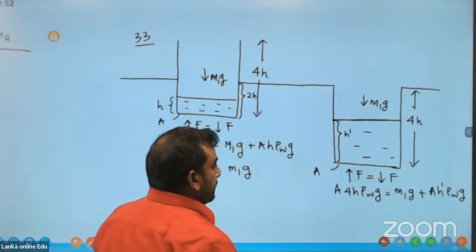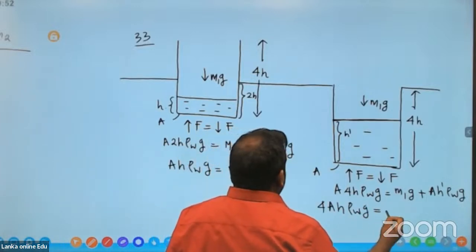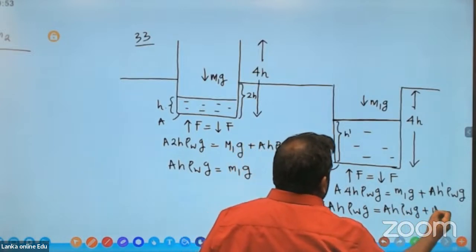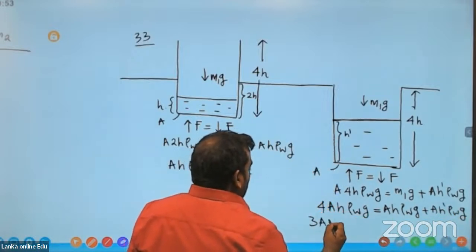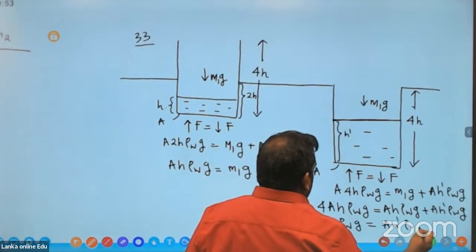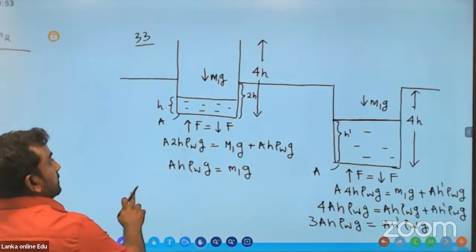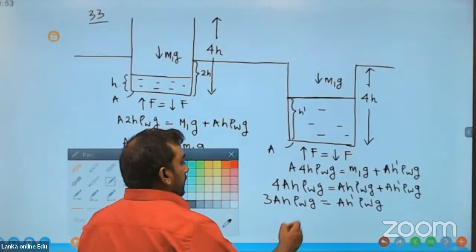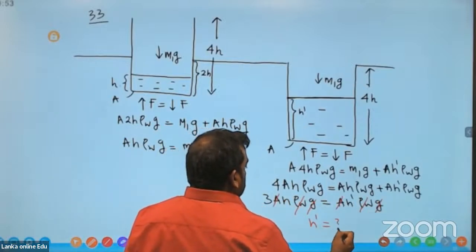Be careful now: 4A h rho w g, M1 g is A h rho w g, plus A h dash rho w g. Simplify: 3A h rho w g equals A h dash rho w g. Rho w g and A cancel off, so h dash equals 3h.